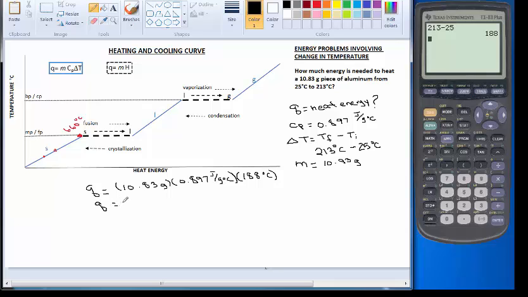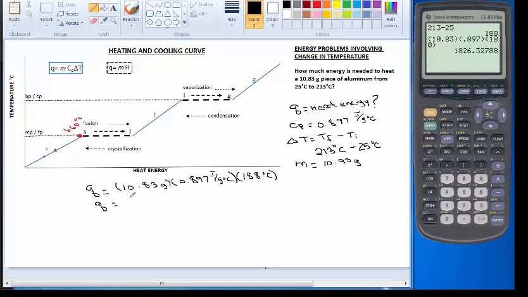So we can say Q is equal to, again coming over here to our calculator, 10.83 times 0.897 times 188, enter.